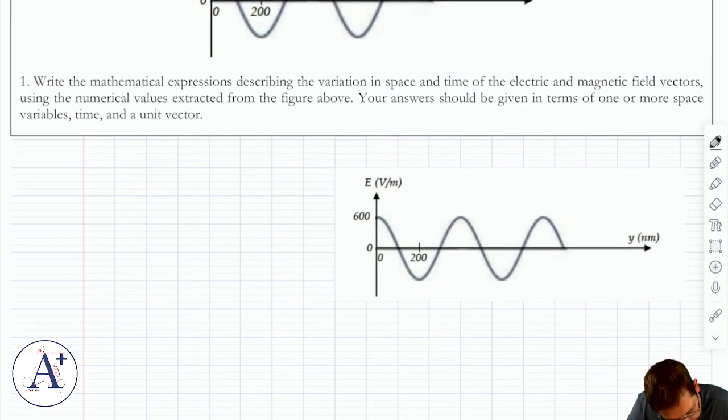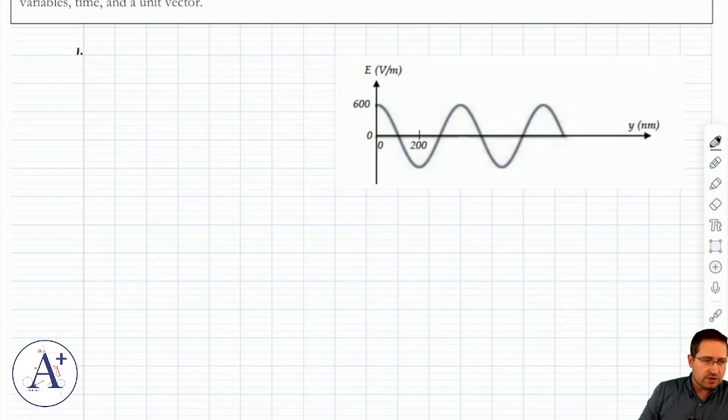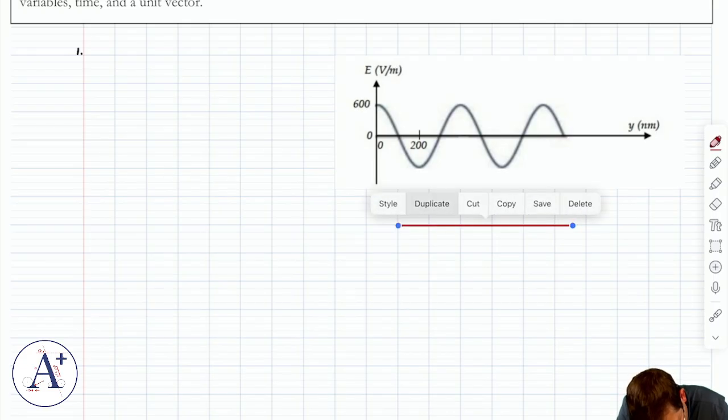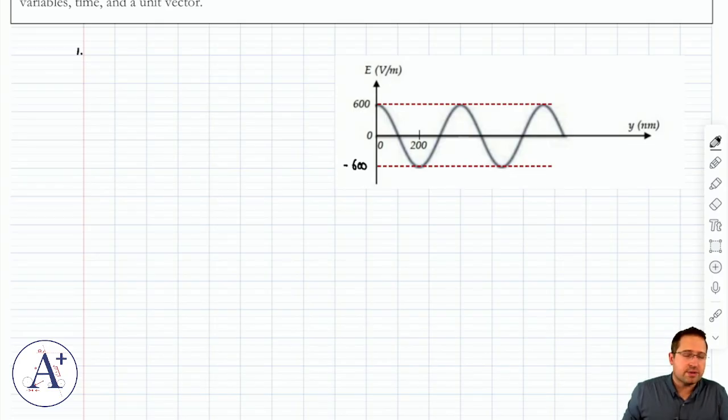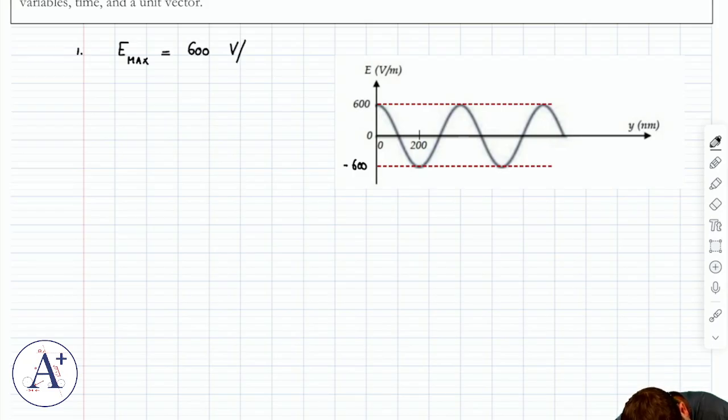and write the mathematical expressions. Okay, so this graph here, what does it tell me? It tells me the electric field versus y. And it's pretty clear from the graph that the electric field is going to oscillate over time between two values, right? 600 and in fact minus 600, not that it really matters, but what it tells me first of all is that E max, which is the amplitude of the electric field, is going to be 600 volts per meter.